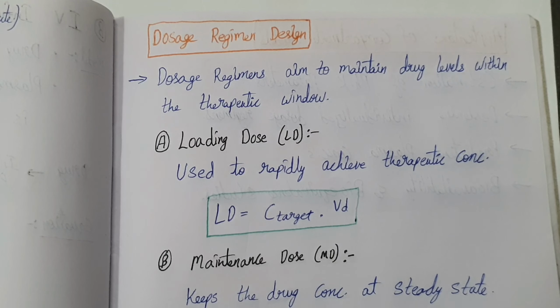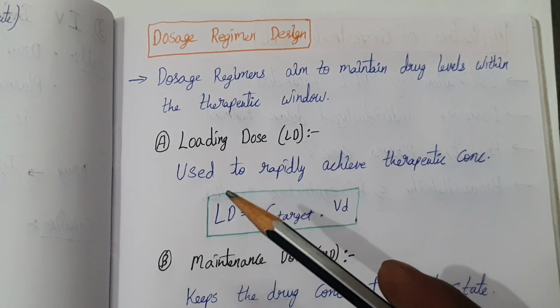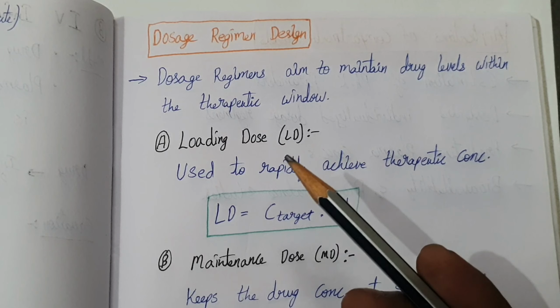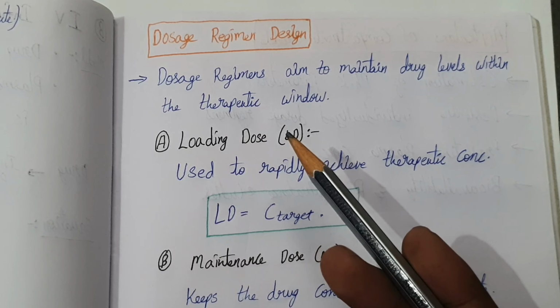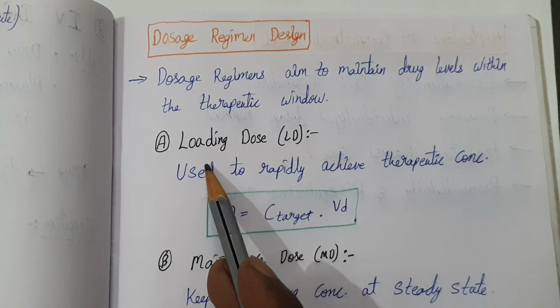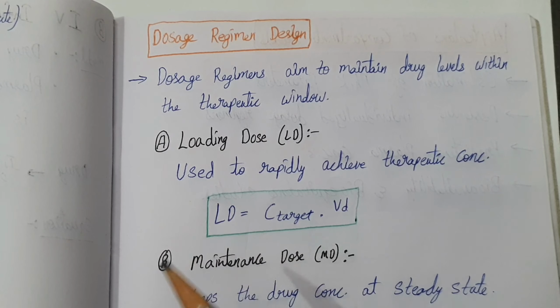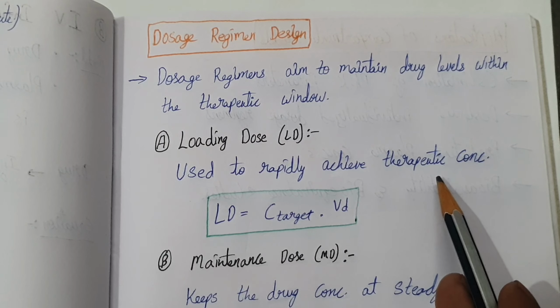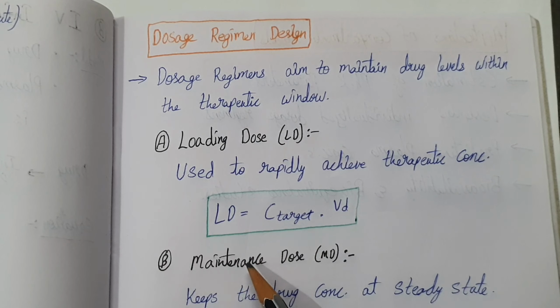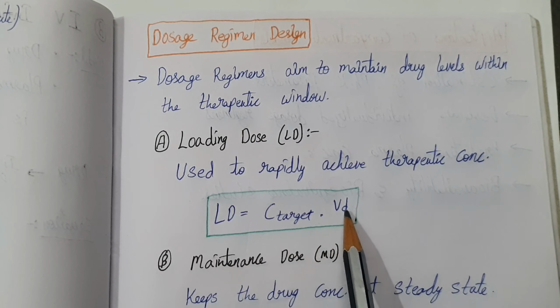Now designing dosage regimens is about keeping the drug levels between therapeutic and toxic limits. So the loading dose is used to quickly achieve the target drug concentration or therapeutic concentration, and the formula is loading dose equals target concentration into Vd.